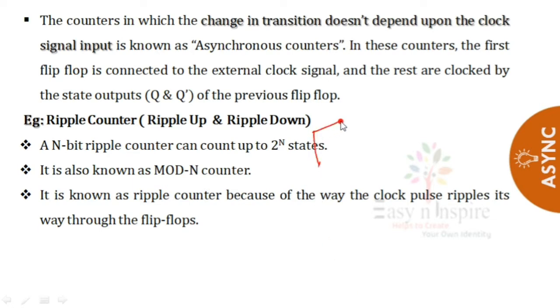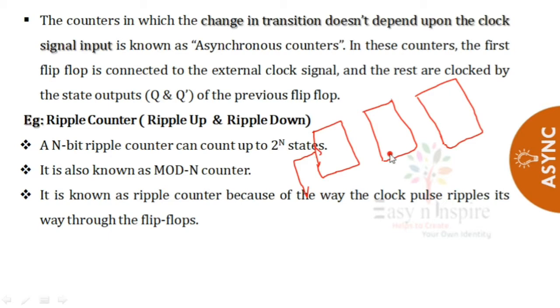As we have already discussed, consider I am taking 3 flip-flops like this. You can consider 4, 5, 2 or whatever number you want. For the first flip-flop we are applying the clock pulse, but not for the remaining.